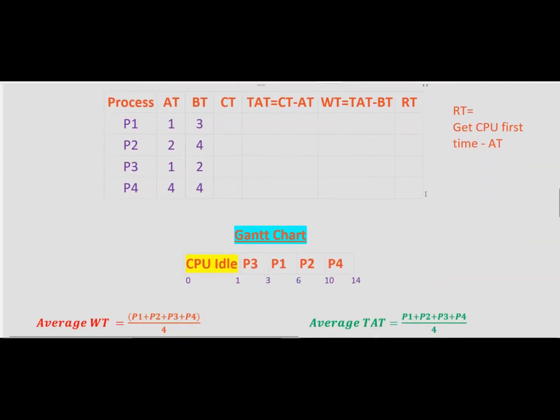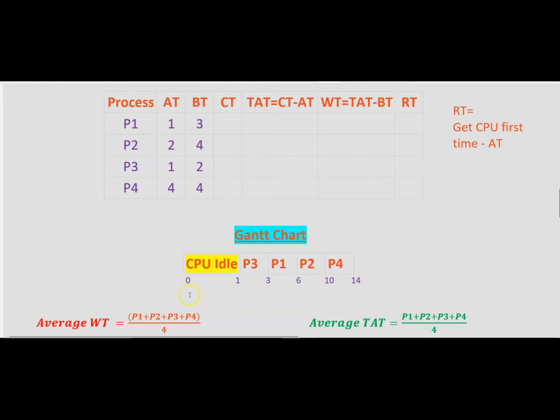Now you can see that at zero time interval, no process arrives. I told you the Gantt chart will always start from the zero time interval. So we have to mention over here that if no process arrives at zero time interval, then when I am reaching one time interval, I have highlighted this to show that at this stage the CPU remains idle.